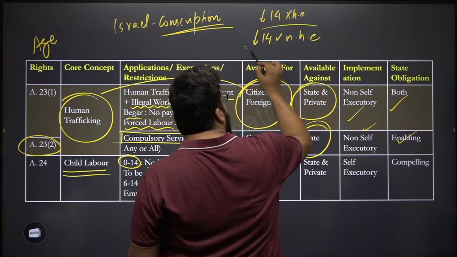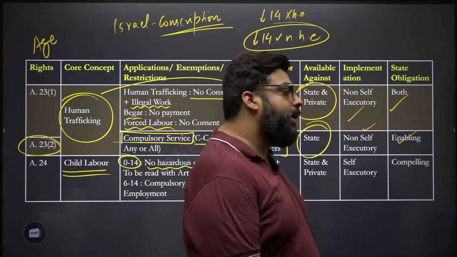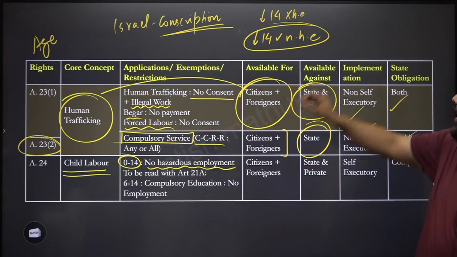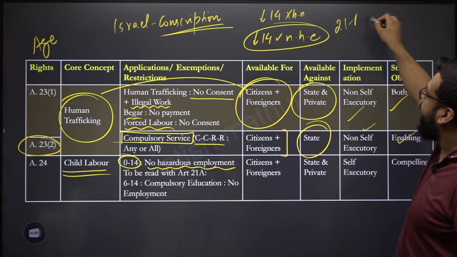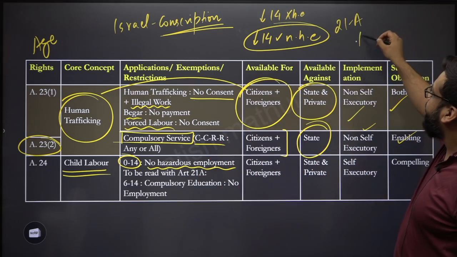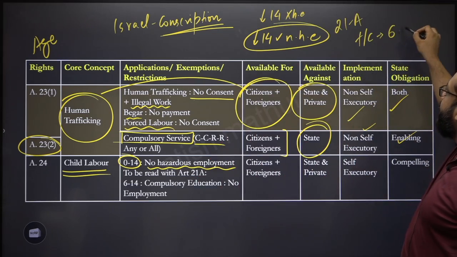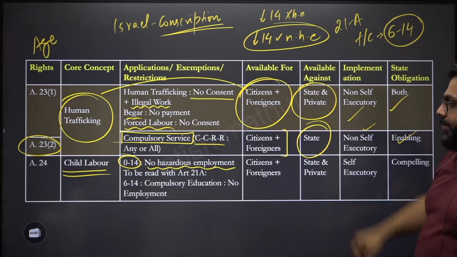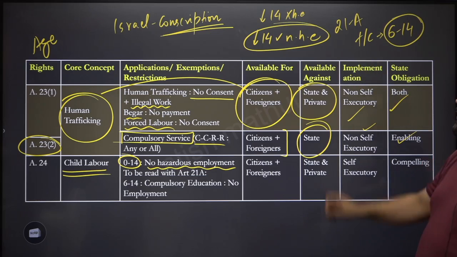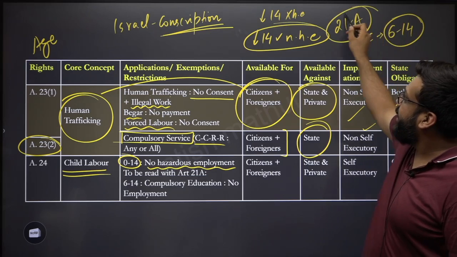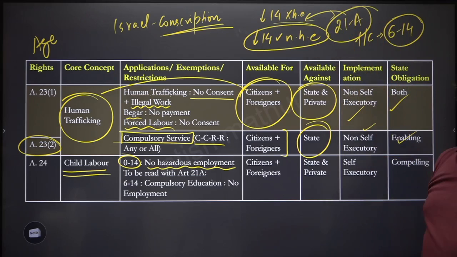If anybody below the age of 14 can have non-hazardous employment, what happens to Article 21A, which provides for free and compulsory education for 6 to 14-year-olds, right? So that is why 21A has to be read with Article 24.